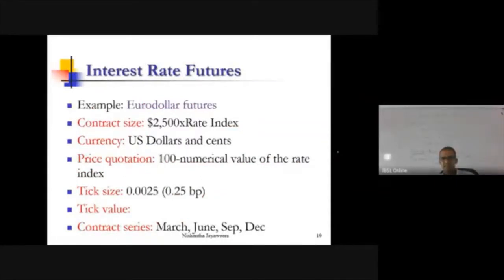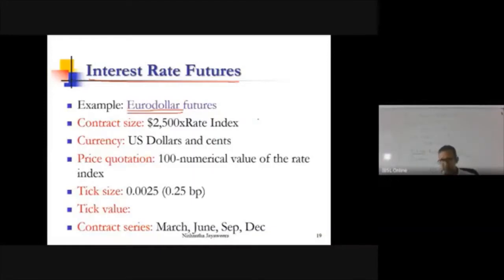The third example is interest rate futures. Remember, this is an interest rate future, not an exchange rate future, though it is named Eurodollar futures. It's not a euro against dollar futures contract.